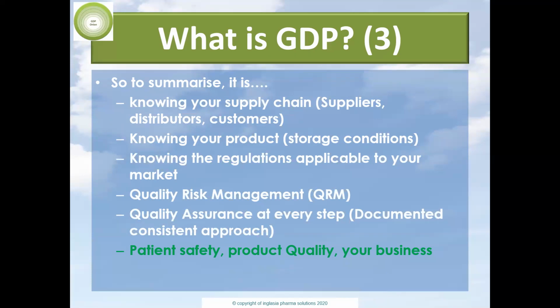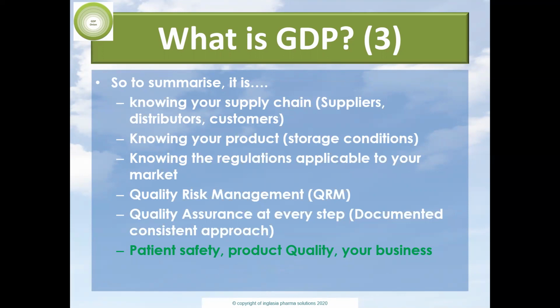Having the right quality mindset, everyone within the organization embracing quality, and understanding the need to document every step of the way as we document the actions we take within our supply chain. And data integrity is a key topic now being used within good manufacturing practices and good distribution practices.